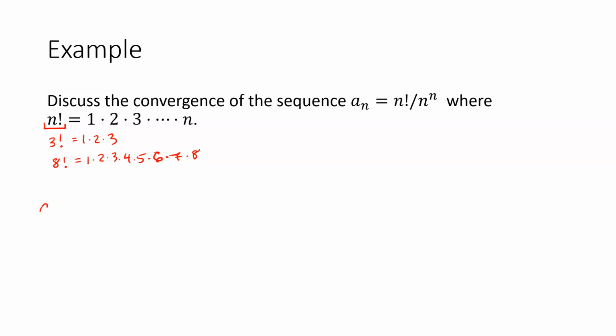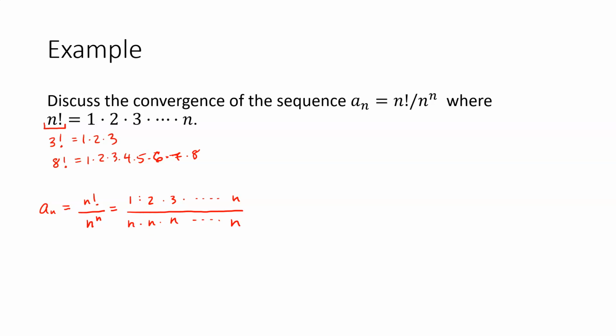So if I'm looking at the nth term here, which is n factorial over n to the power of n, we want to think about what happens here as n goes to infinity. So if I write it out here, we know n factorial, that's 1 times 2 times 3 times so on all the way out to n. N to the power of n is really just n times itself, n times. So it's n times n times n, and so on, n times.